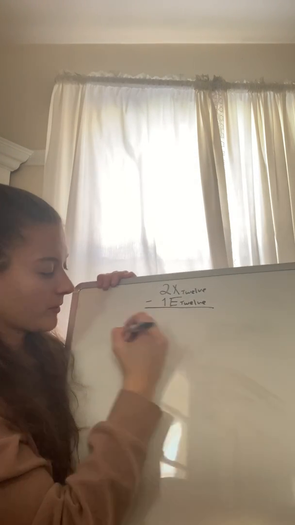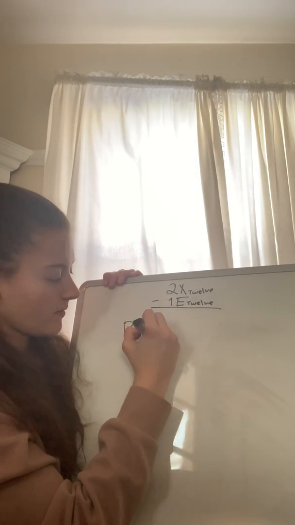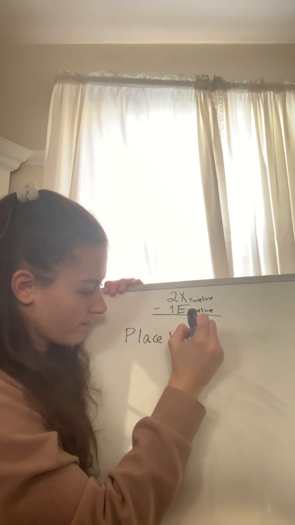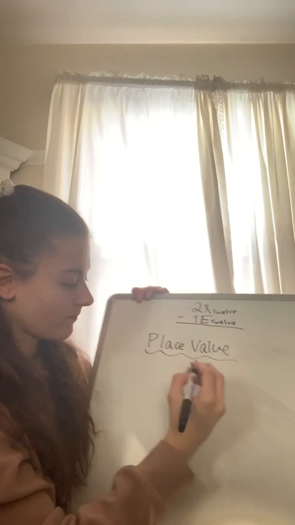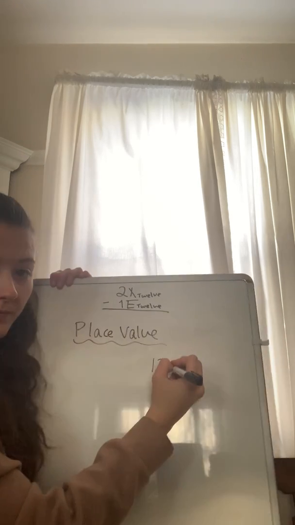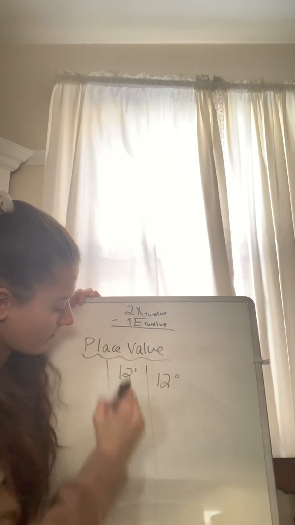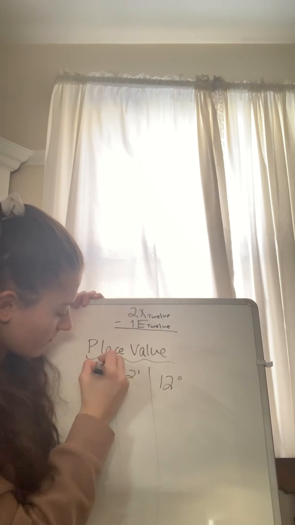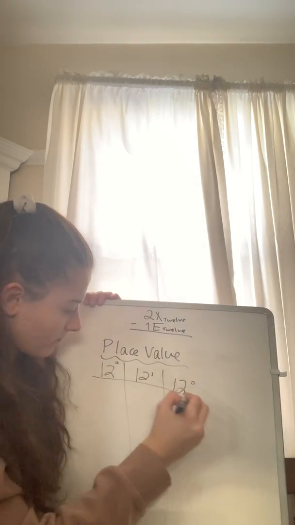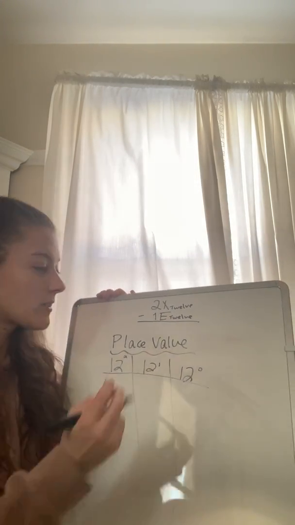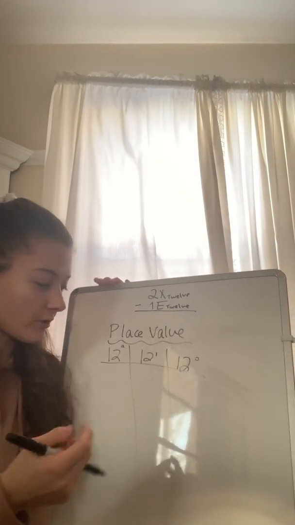So let's draw out our place value chart. I'm going to represent 2x12 with check marks, and I'm going to represent 1e12 with circles.